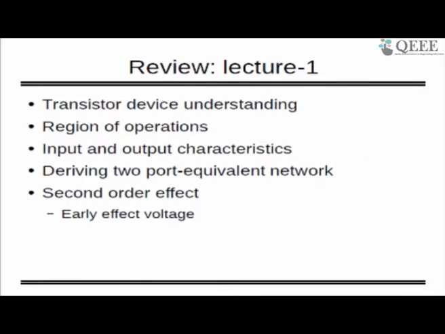Okay, so just reviewing the last lectures. In lecture number 1, we understood what the transistor is and how it behaves, and we studied the BJT. We understood the different regions of operation. There are mainly 4 regions of operation: one is inverse, one is cutoff, one is saturation, and one is active.